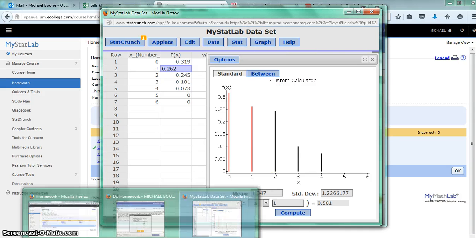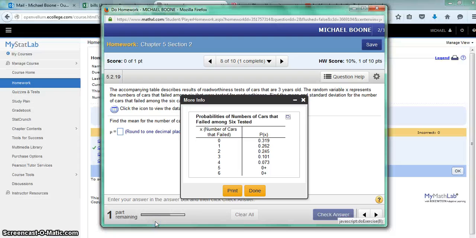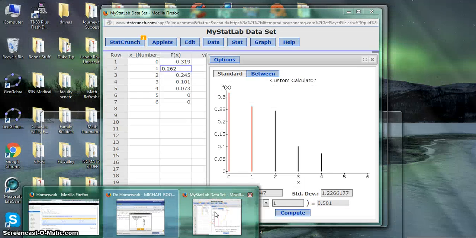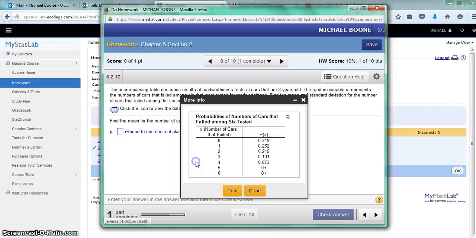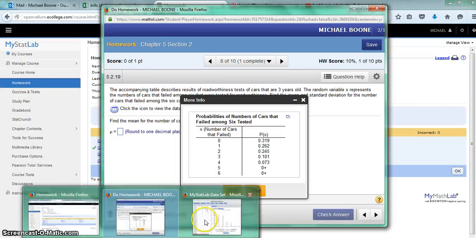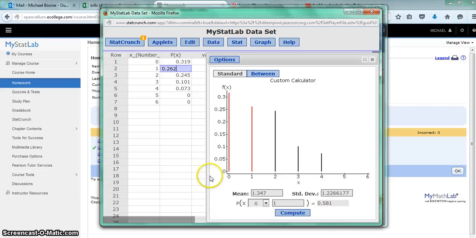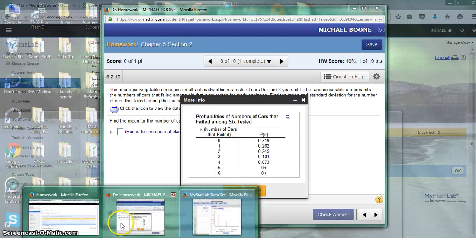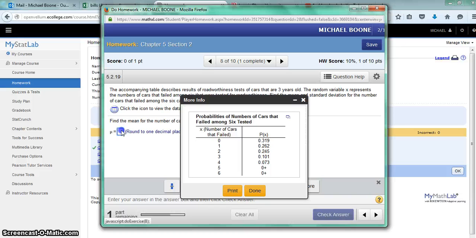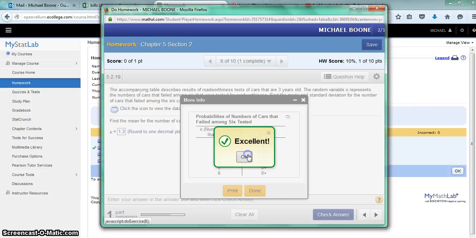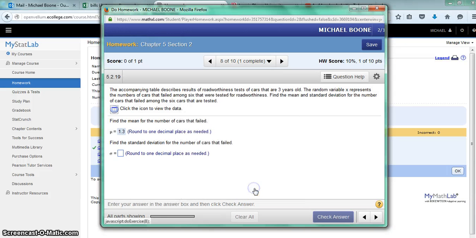So let's put our answers in. We had a mean of 1.347. 1.3 to one decimal place. So it counted that correct.